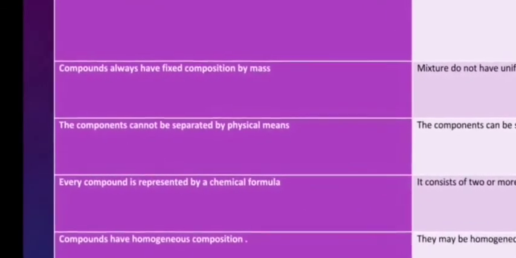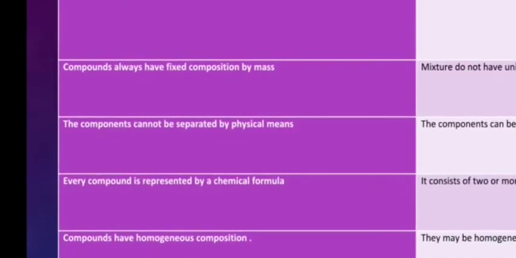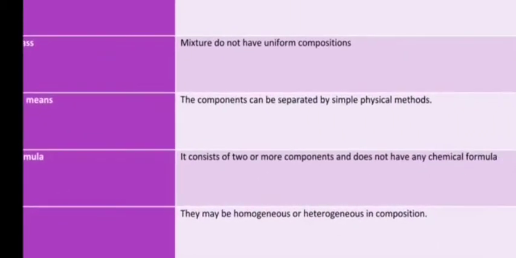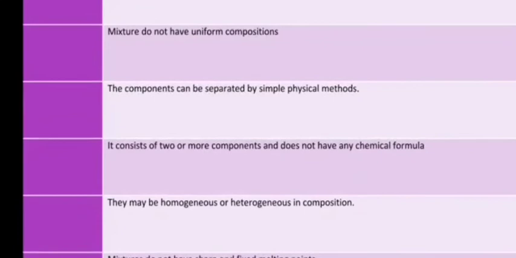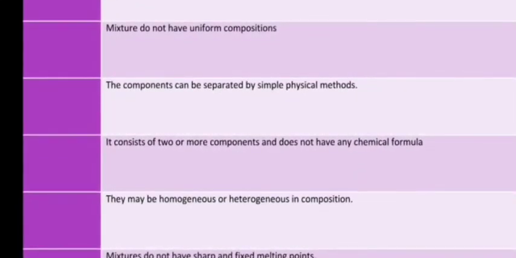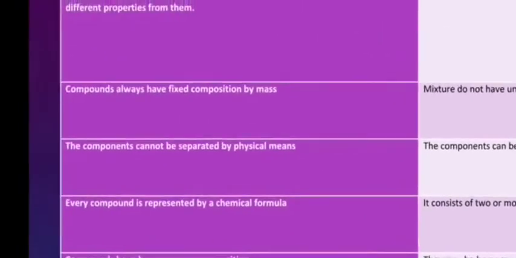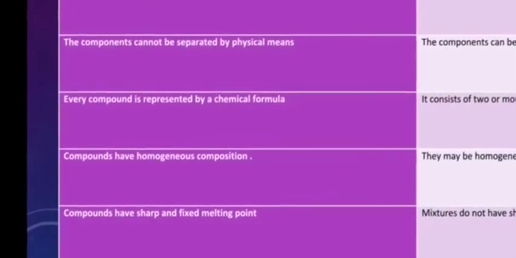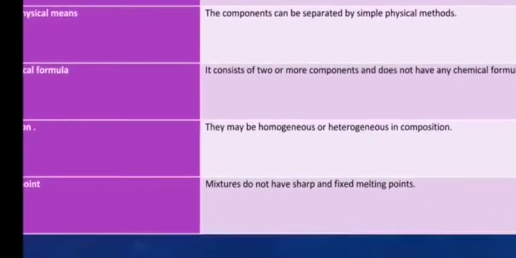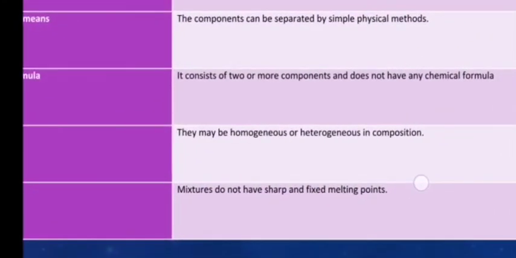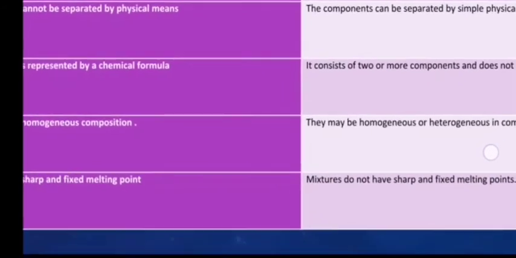In compounds, every compound is represented by a chemical formula, like H2O, and a mixture consists of two or more components and does not have any chemical formula. Compounds have homogeneous composition, but mixtures may be homogeneous or heterogeneous in composition.